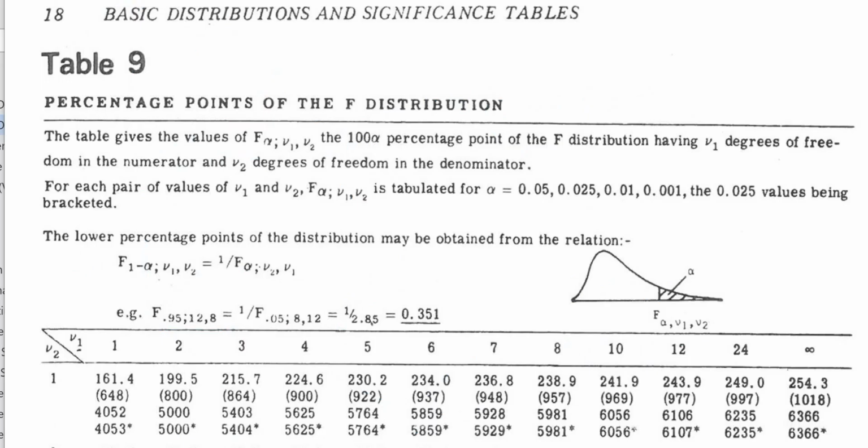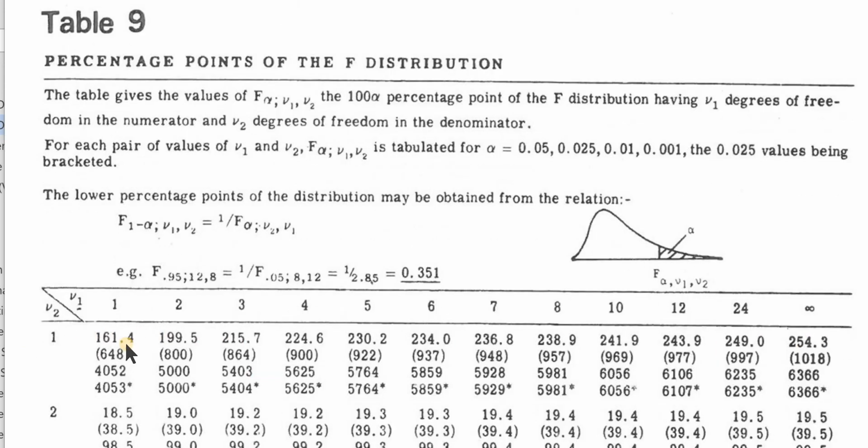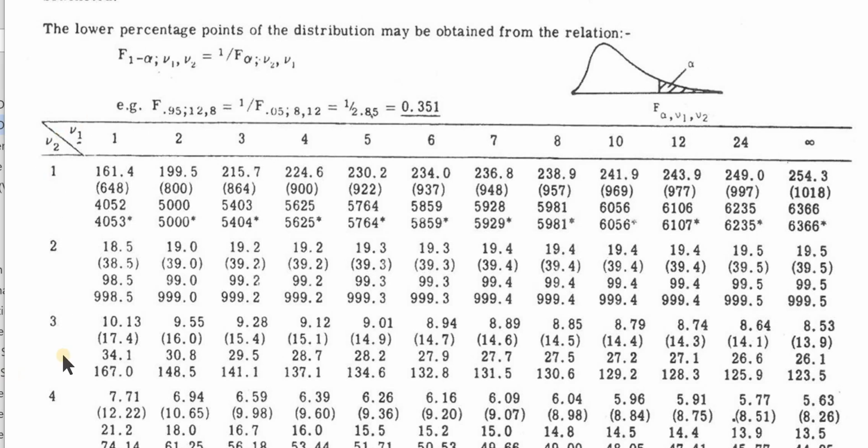Let's look at the table here. Table 9 is for the F distribution. So this is the distribution, and on the horizontal side is V1, and the vertical side is V2.